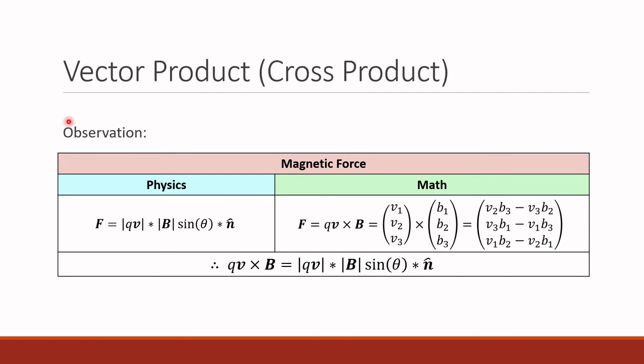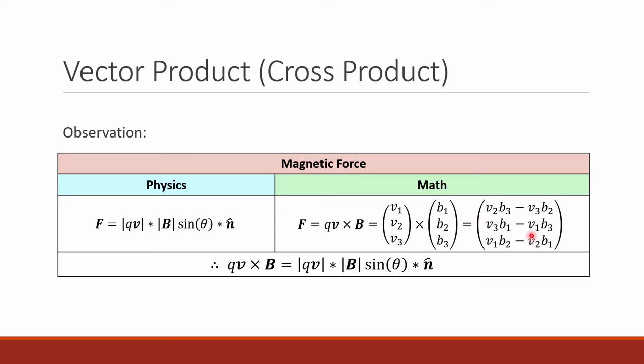What we can observe now is that the two methods, the physics way and the maths way, both calculate the magnetic force. Therefore, these two formulas should be equal. So I can conclude that this cross product, according to the maths formula, gives me a new vector.